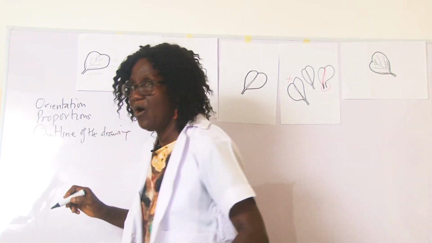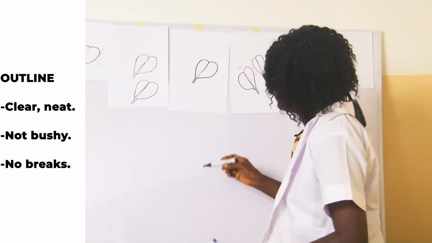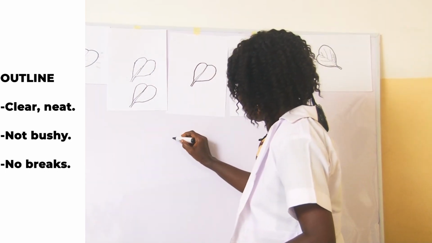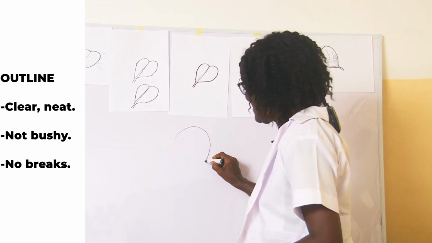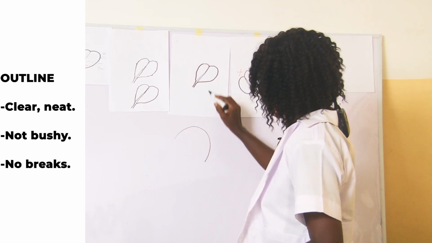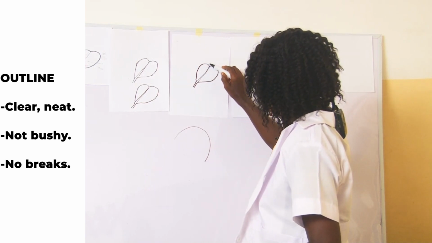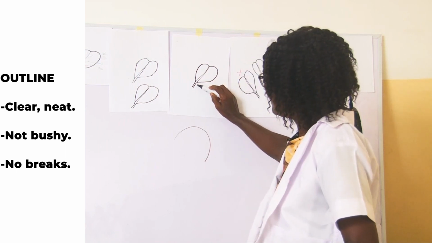Now, the outline of the drawing is how neat the drawing goes. Very neat. That's a neat outline. Like this one, neat. That's the outline.